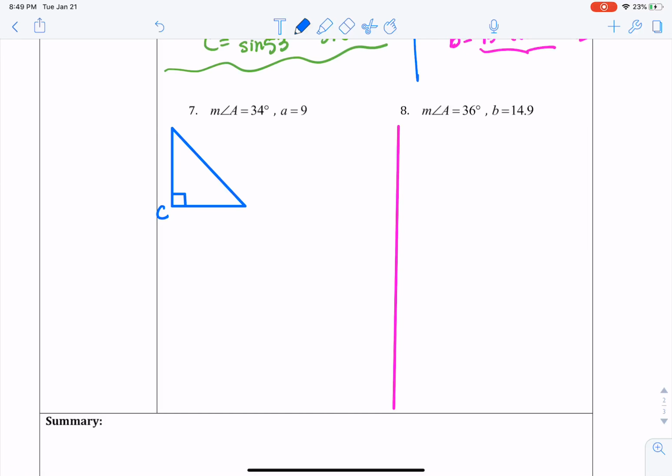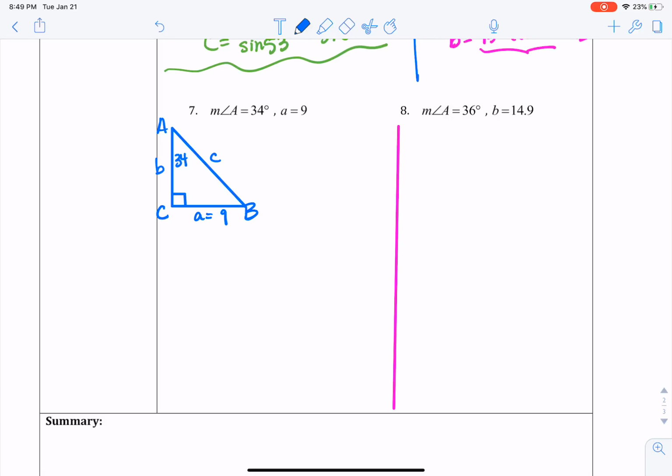So here's C, A, and B. Label our sides. So the measure of angle A is 34 degrees, and side A is 9.